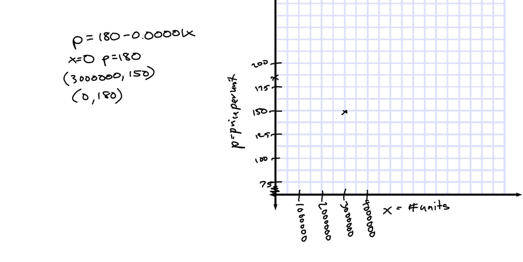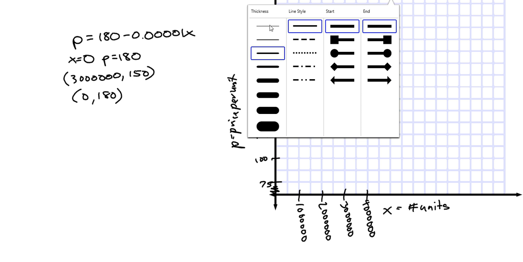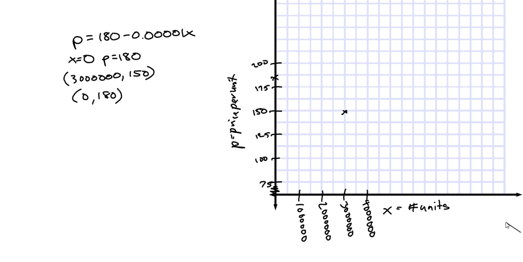And there we go. So I've got that line, and I know that I want to shade below that, but let me get all my lines in here so that I can look at what's happening.